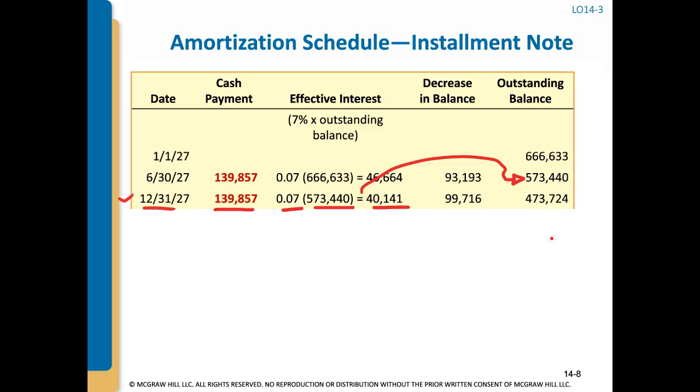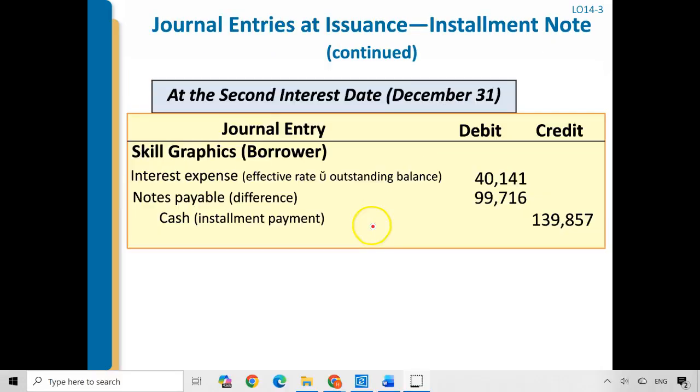I take my $139,000 cash payment minus my $40,000 interest, and my decrease in my notes payable balance will be $99,716, and you can see my outstanding balance is starting to go down.